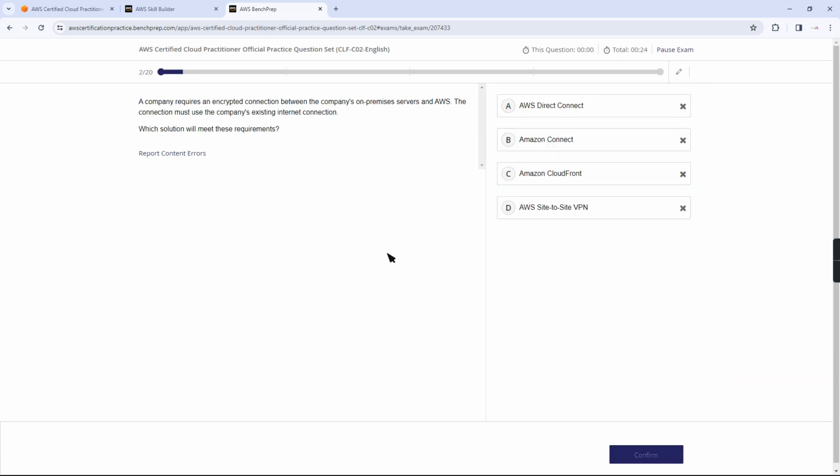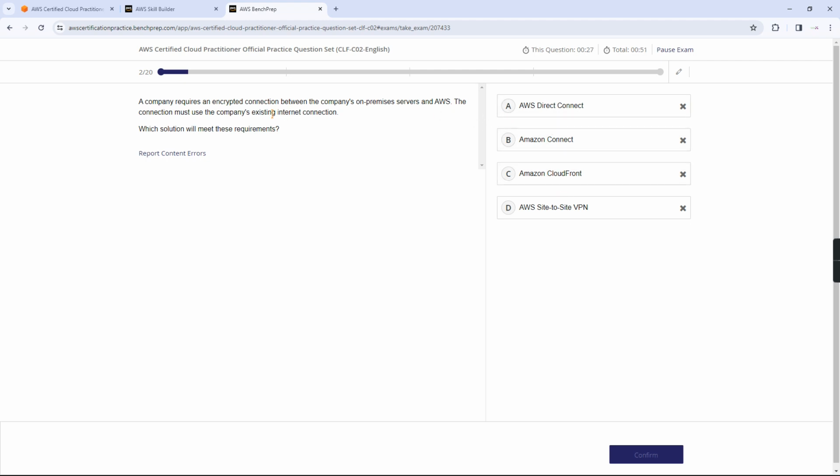I'm moving on. A company requires an encrypted connection between the company's on-premises servers and AWS. The connection must use the company's existing internet connection. Slightly tricky. We'll see. AWS Direct Connect and AWS Site-to-Site VPN are the ideal choices here. Amazon Connect is all about contact center, CloudFront is all about CDN.